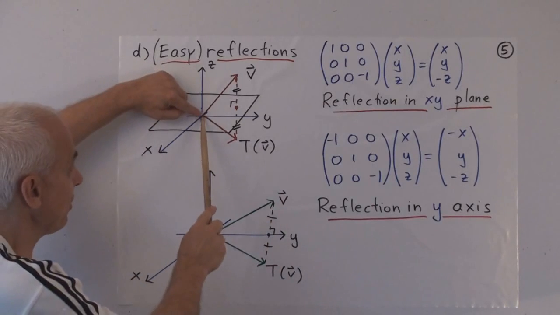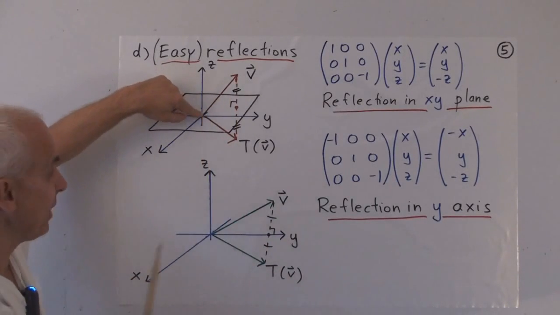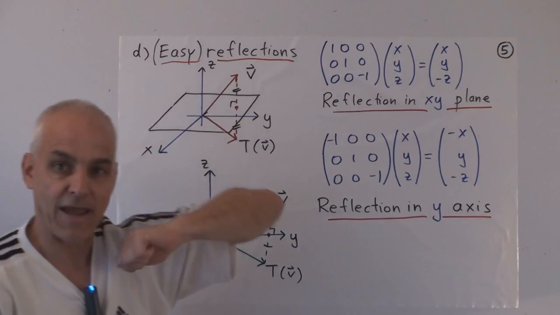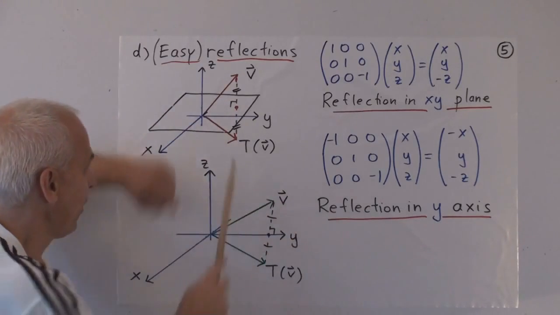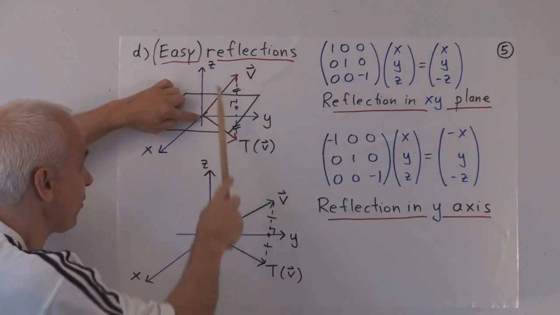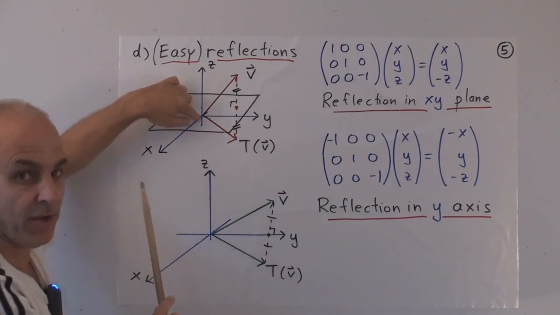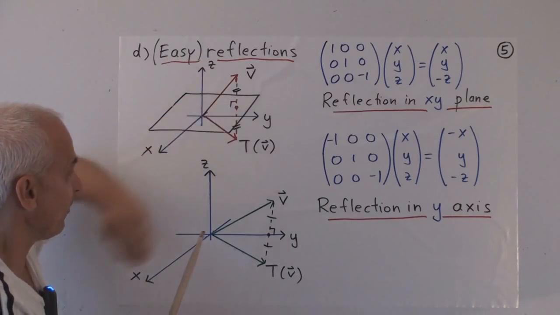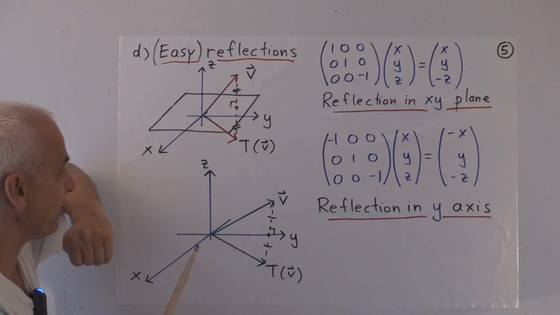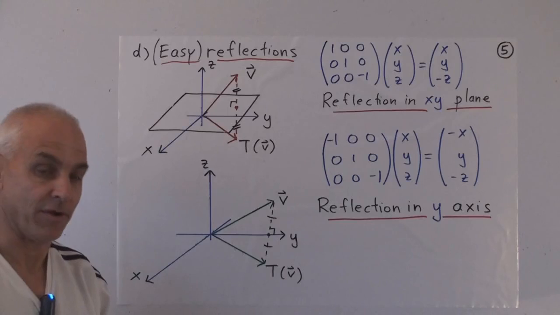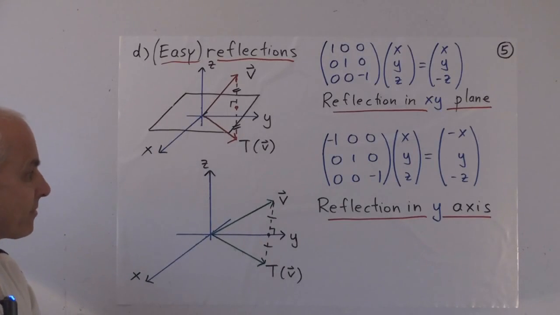That means that geometrically what's happened is that a vector v is sent to its reflection in the horizontal xy plane. So the xy component has stayed unchanged, but the z component has gone from 3 to -3, or whatever. So there's v, there's t of v, that's reflection in the xy plane. And if we do it again, then we just get back to where we started.